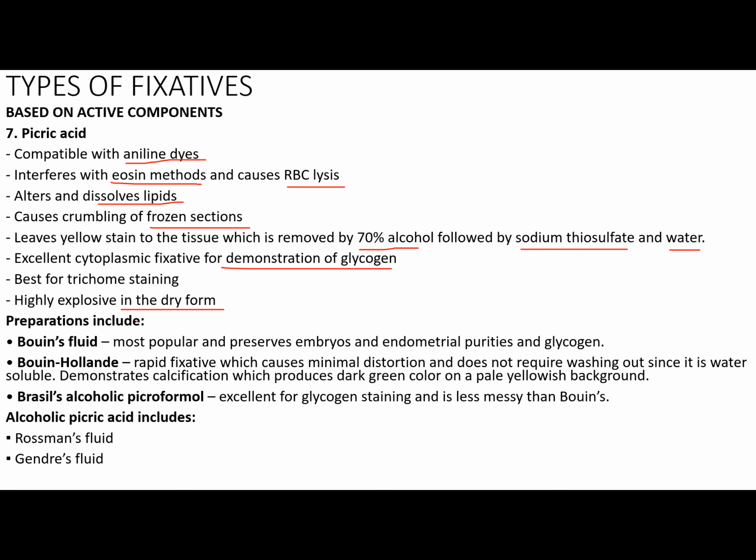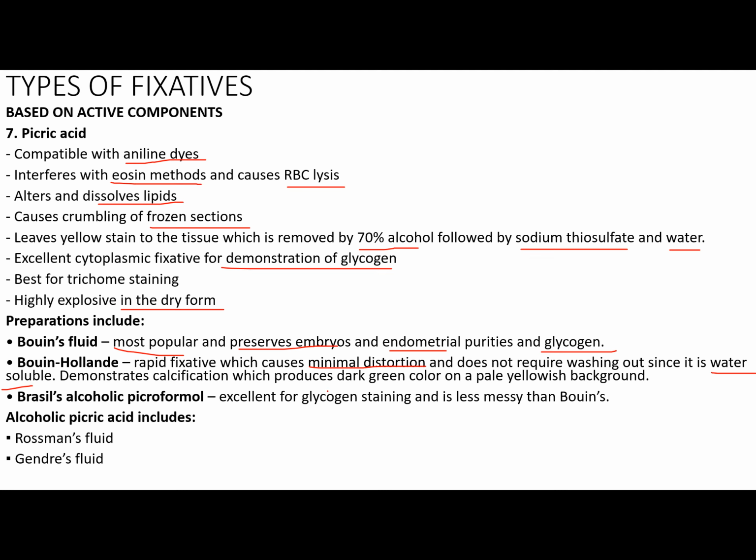Now, the variations of picric acid would include Bouin's fluid. This is the most popular and would preserve embryos and endometrial biopsies as well as glycogen. Then we have your Bouin-Hollande. This is a rapid fixative which causes minimal distortion and does not require washing out since it is water soluble.